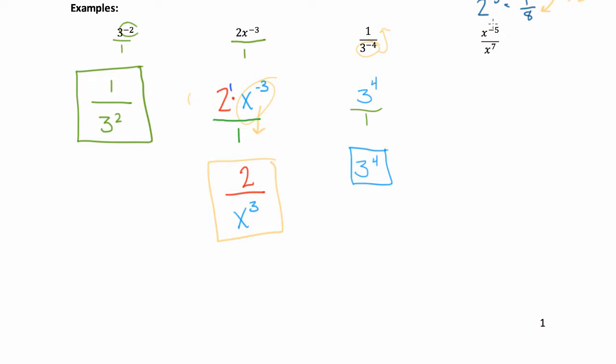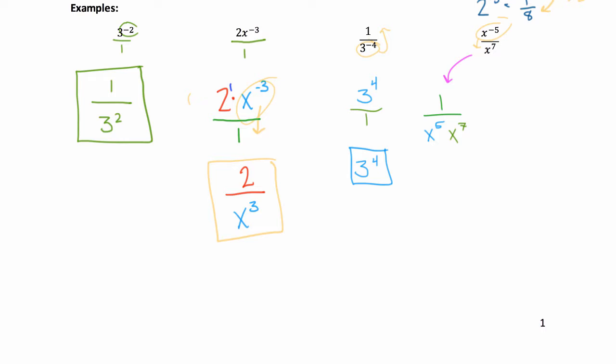Here I have x to the 5th over x to the 7, and now there's a few ways to do this. I'm going to do it a couple. Let's have a pink way over here. I'm just going to use these rules I've been learning in this section. So this x to the negative 5 is going to come down. So what I have is 1 over, and then I've got that x to the 5 that came downstairs, now has a positive exponent, and then that x to the 7th was happy downstairs, so it stays where it is.